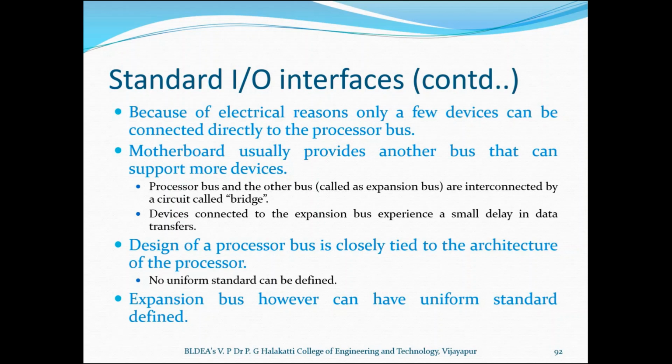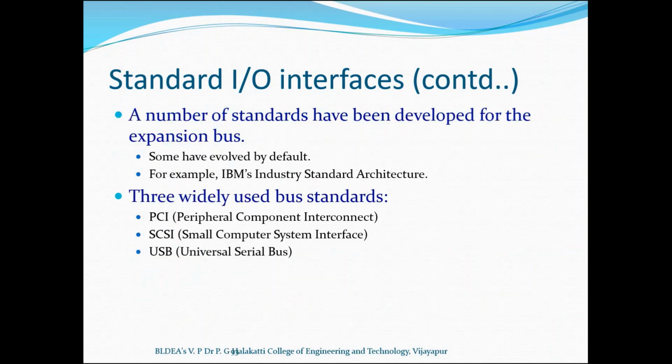It is difficult to develop a standard to cover all types of peripherals with different speed, electrical and physical properties. A practical solution is to define a standard for certain classes of interconnections.